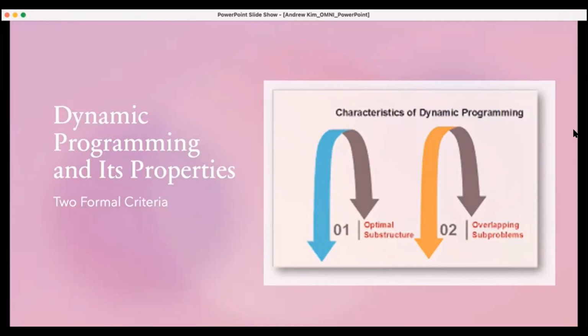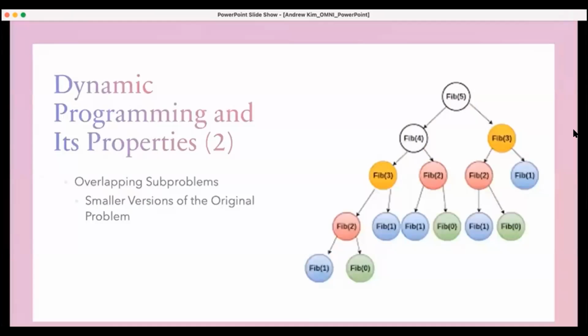To put it simply, dynamic programming is suited for solving problems where the same work is being repeated over and over. Dynamic programming does not work for every problem.